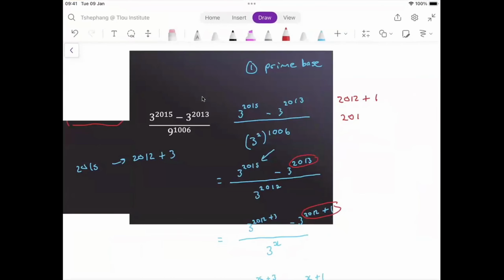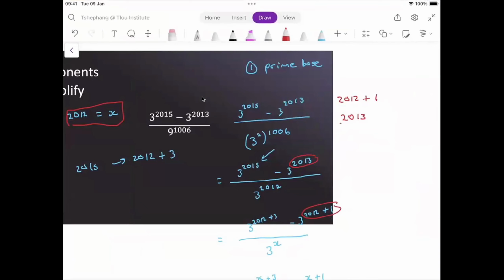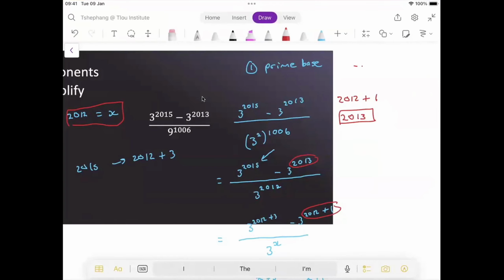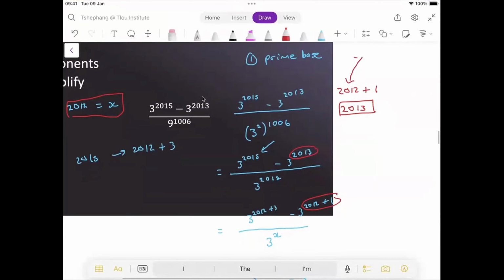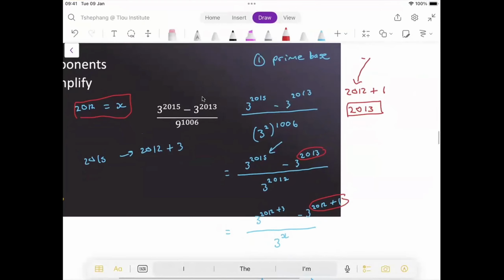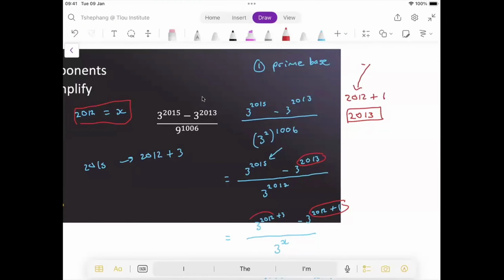So the reason we say 2012 plus 1 is because we want to manipulate it to get 2012, because we said that 2012 is x. If you check here, I have 2012, which is what I need because here I had 2012.